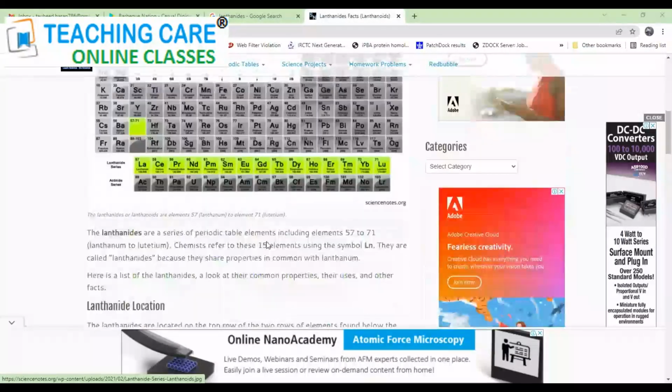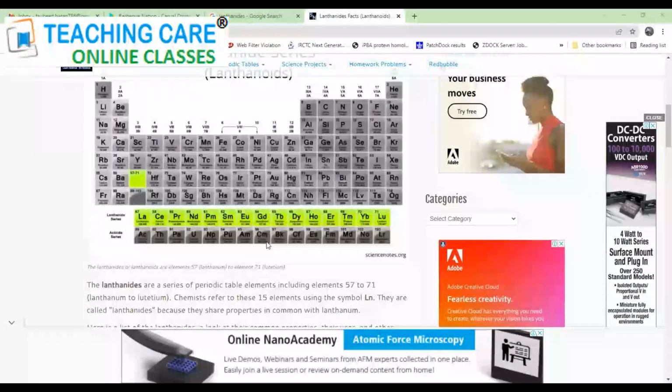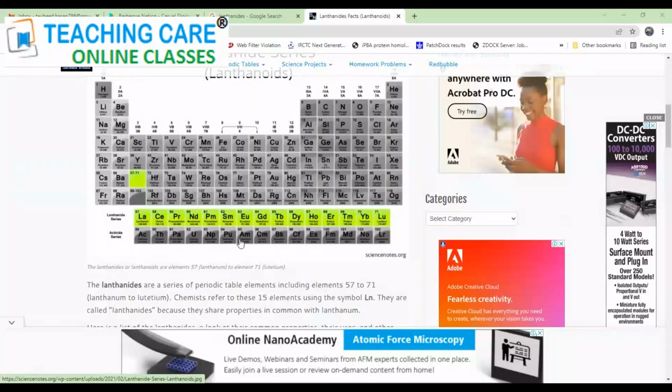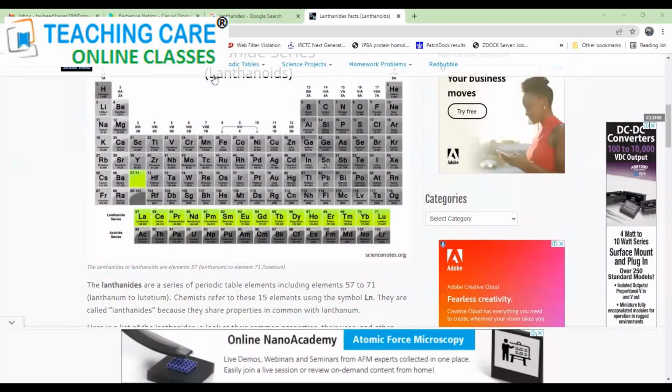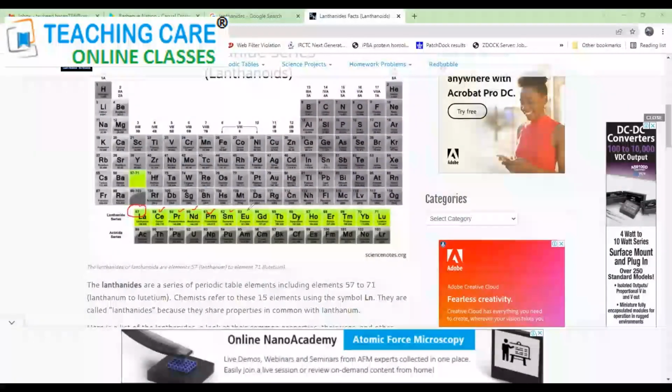Yes, Nikhil, can you see the periodic table? Yes, sir. So these are the lanthanide series. They start basically from atomic number 57, 58, 59, 60, 61, 62, 63, up to 71.